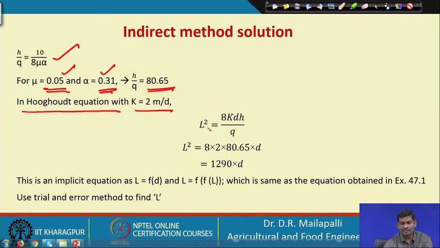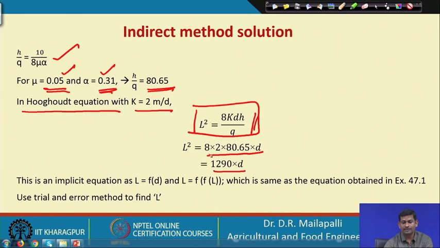So, L square is equal to 8 k d h by q, which is 8 into 2 into 80.65 into d, and finally 1290 into d. So, this is from the simple Hooghoudt equation.